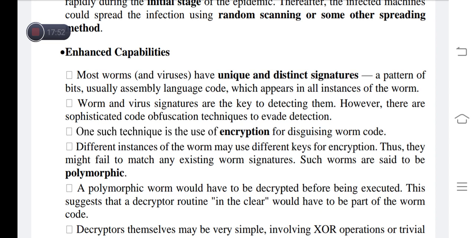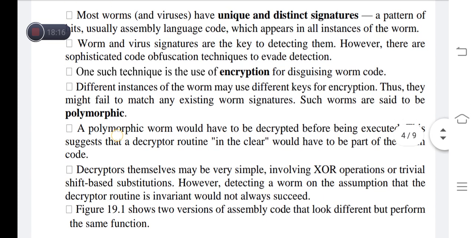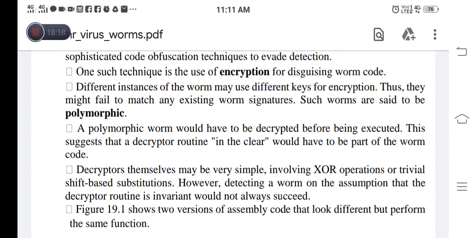Such worms are said to be polymorphic, that is, different instances of the worm use different keys for the encryption. Obviously, a polymorphic worm would have to be decrypted before being executed. At the time of decryption, it can involve XOR operations or rotate-and-shift based substitutions.